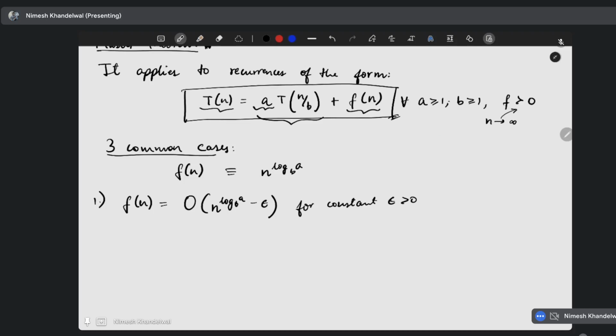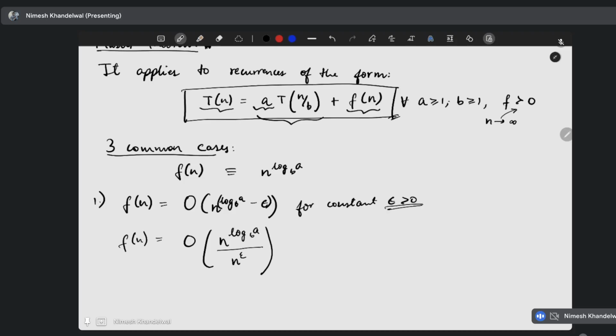So we can also write this as n to the power log a base b over n to the power epsilon.